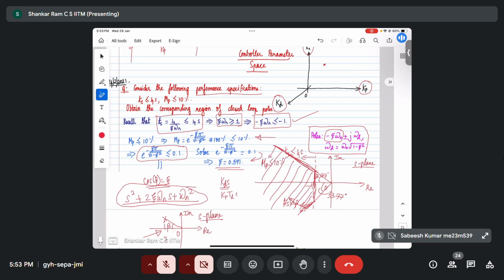To give an intuitive answer, the derivative control block is Kd times S, right? You write it as Kp times TdS. This is a first order polynomial that will affect the 2 zeta omega n component. So you see that TD has an implication on zeta and omega n. That is a very intuitive correlation.